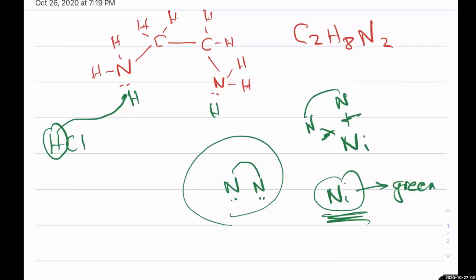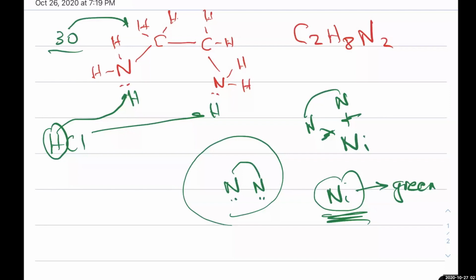Now that it's free, you add hydrochloric acid, and the hydrochloric acid will bond to the ethylenediamine. For every 1 ethylenediamine, you need 2 hydrochloric acid. The key is that, let's say we have 30 ethylenediamine, just for the sake of throwing out numbers.